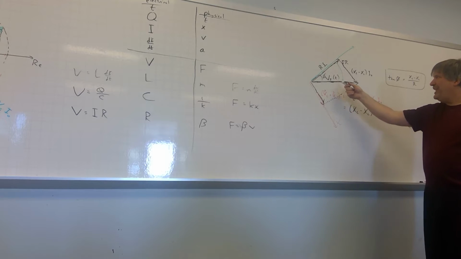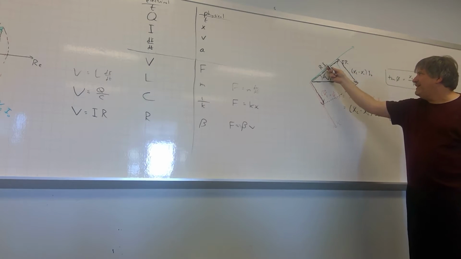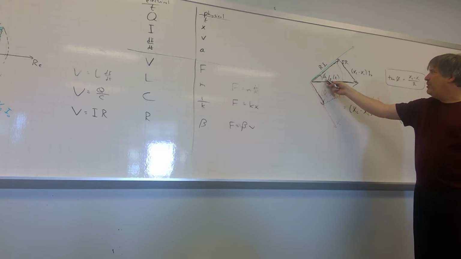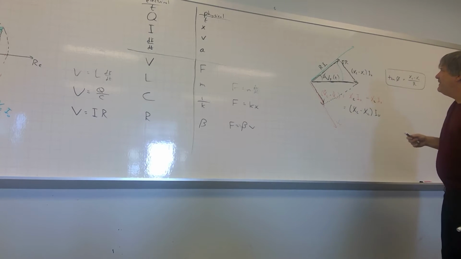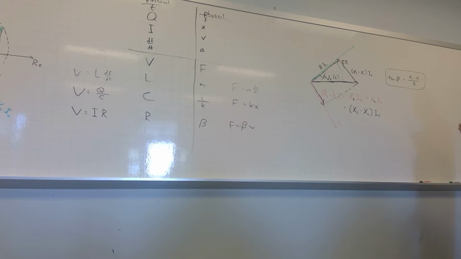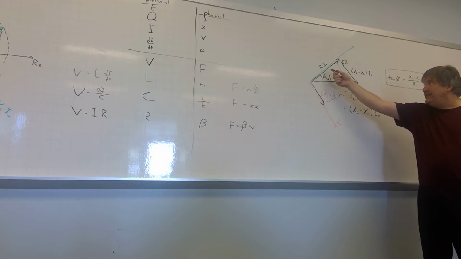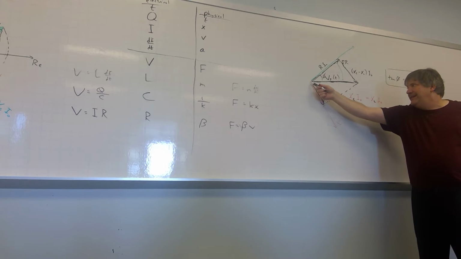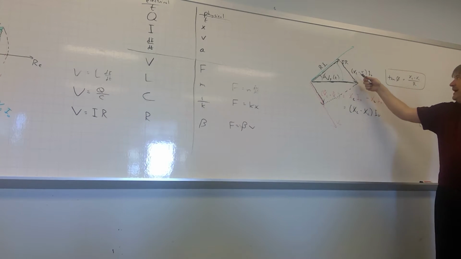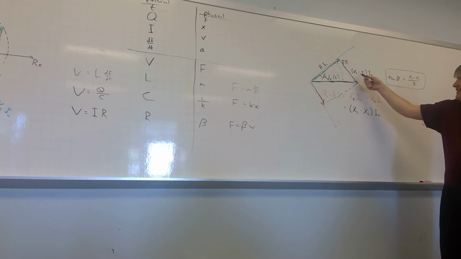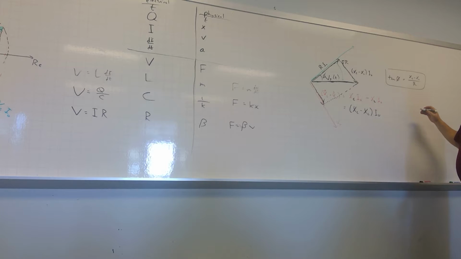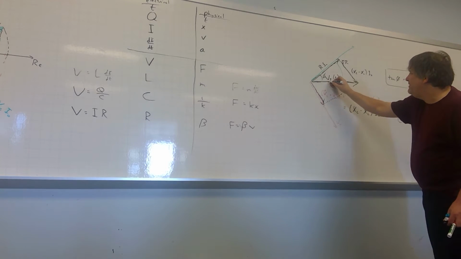How strong is that current? I started off just calling it I naught, but now that we know how it relates to V source, I could say, all right, it looks like this was R times I naught. This was the combined impedance of the capacitor and inductor times I naught. What's the overall length of this vector?